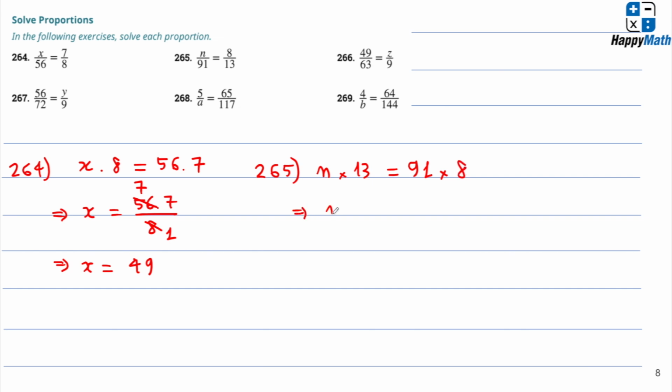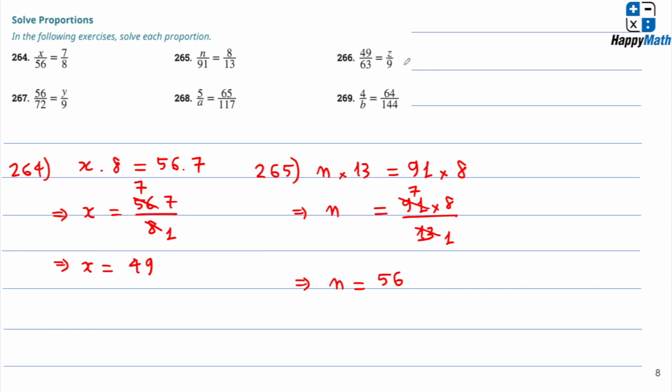For figuring out n, or subject n, the divisor will be here, and 13 will be the denominator. 13, and here you get 7, here 1. 7 times 8, you get 56.